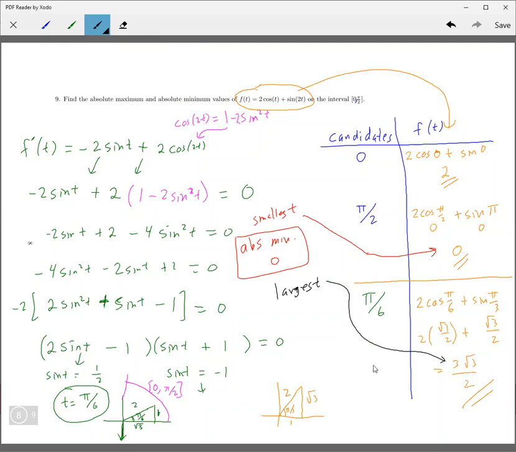You can verify this on the calculator. 3 times the square root of 3, all divided by 2, is approximately 2.598, which is greater than 2. So this is the largest. So the absolute maximum is going to be 3 root 3 over 2.